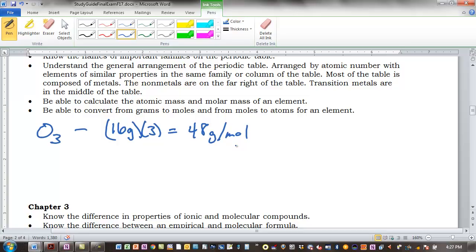Let's say we have, I'll pick a number, 500 grams of ozone. How many moles is that?